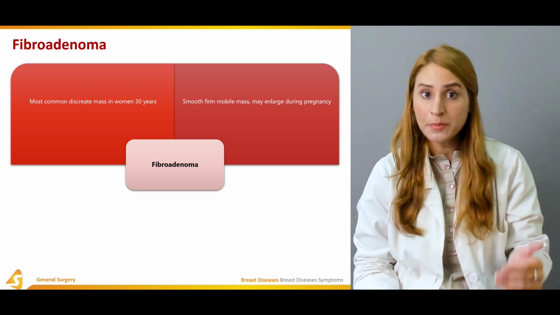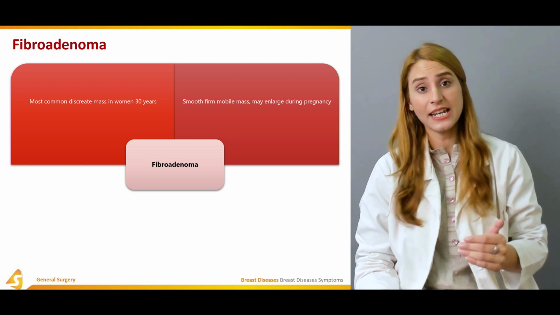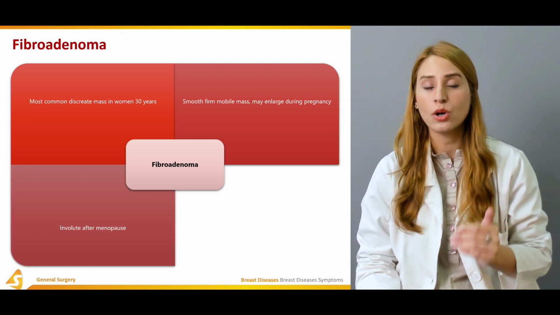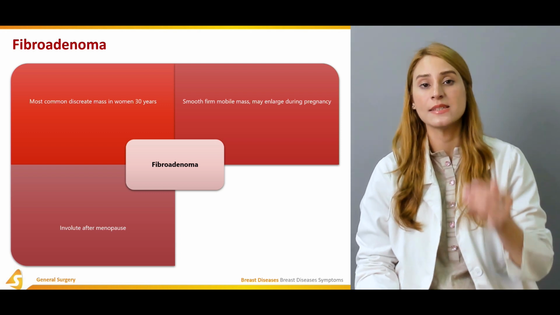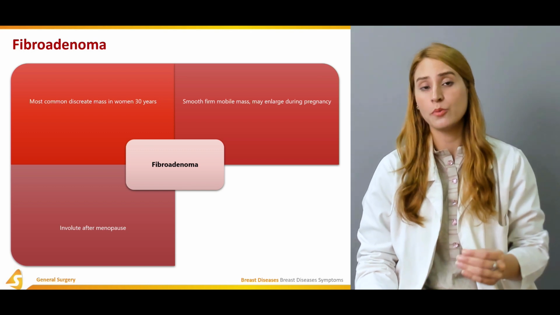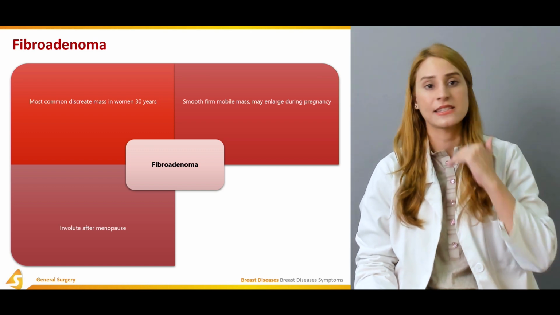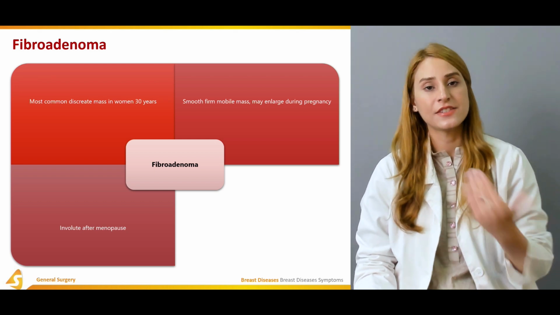They are firm, smooth, mobile masses, and they may enlarge during pregnancy. The fibroadenoma is known as a breast mouse because of its mobility. It's very mobile. It's not tethered to the skin. It has no skin fixity.